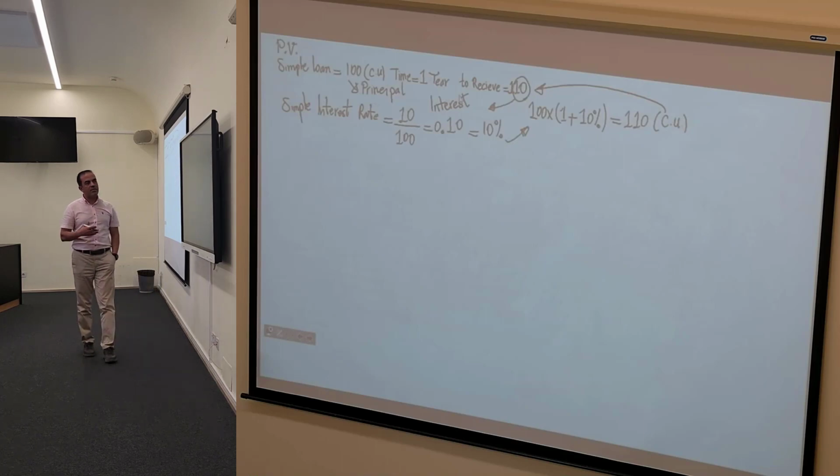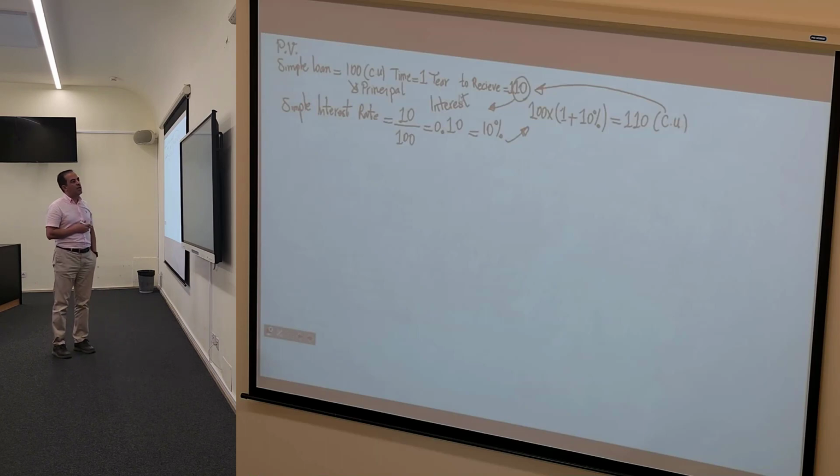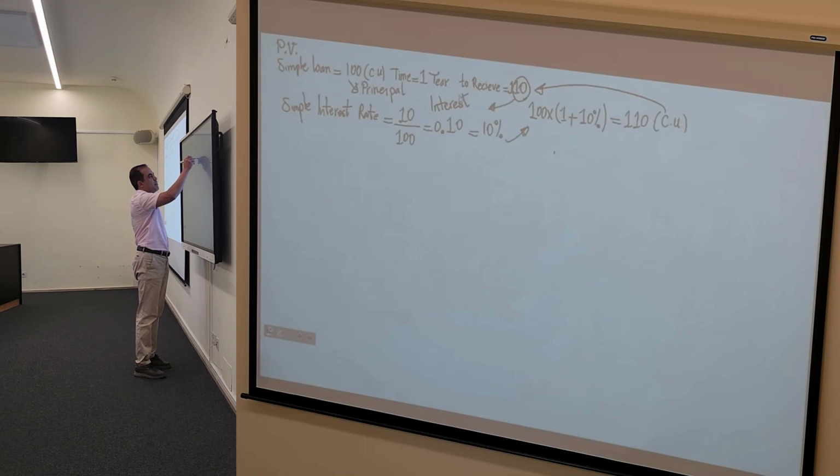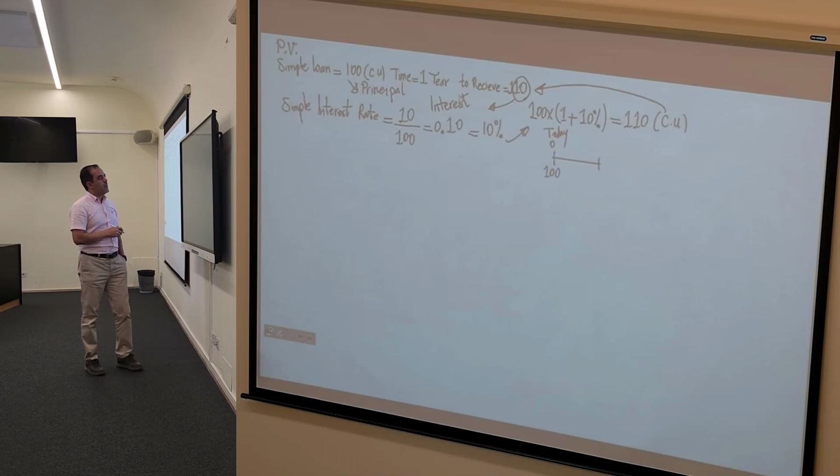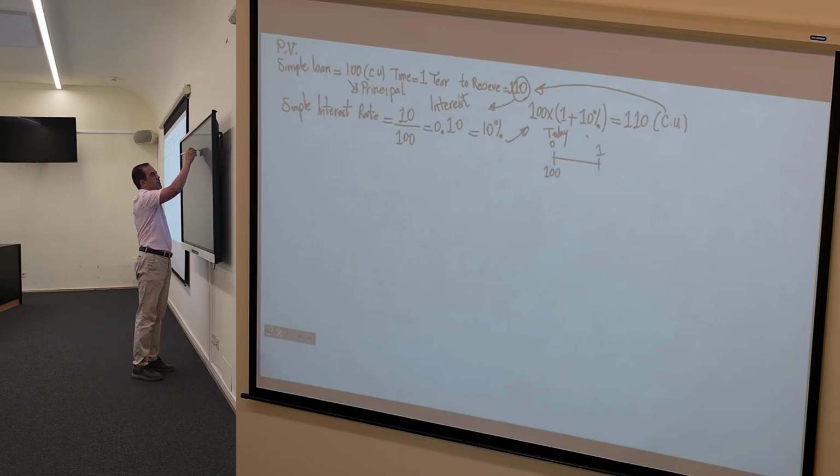Okay, so if we consider the different years, this is for the first year. For the second year, it might be different. So if we consider, for example, today, we might have 100 here, and then at year 1, by increasing this 10, the interest, it would be 110.